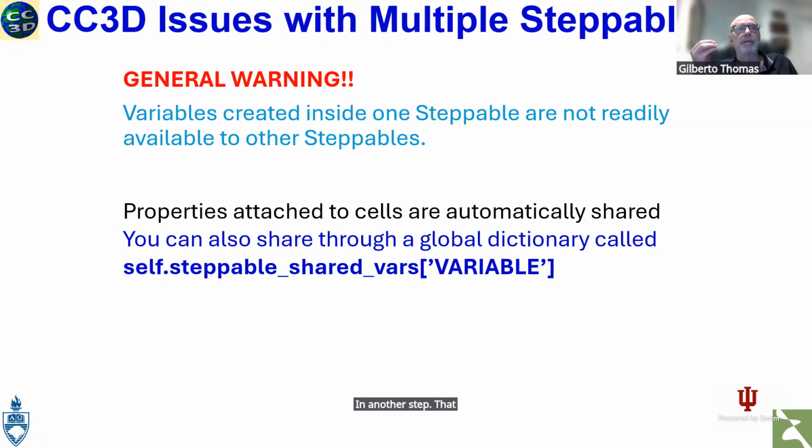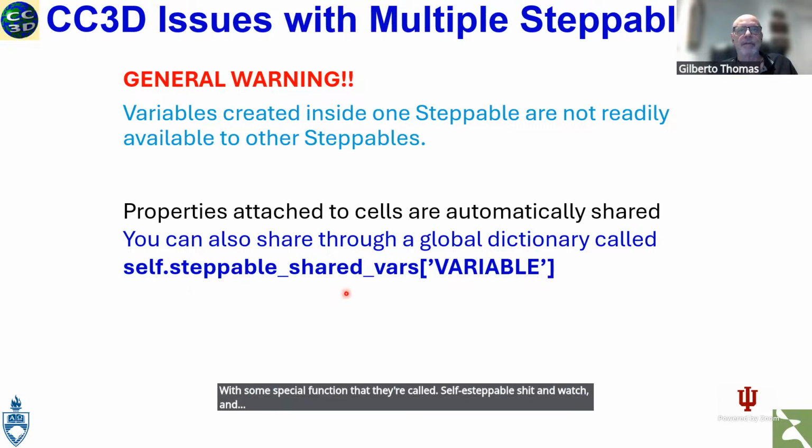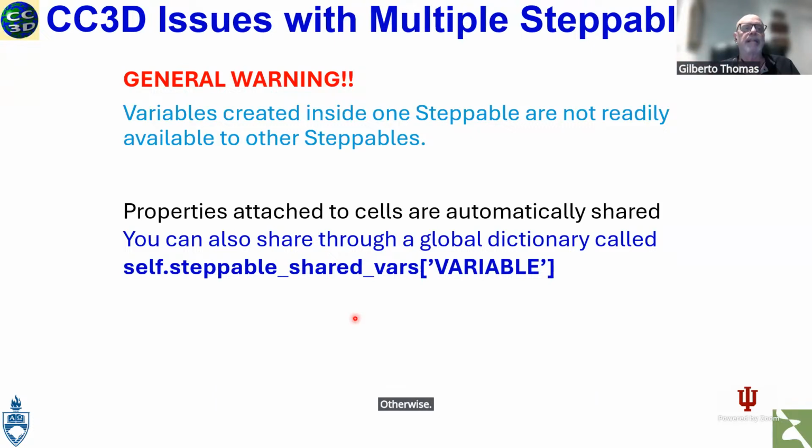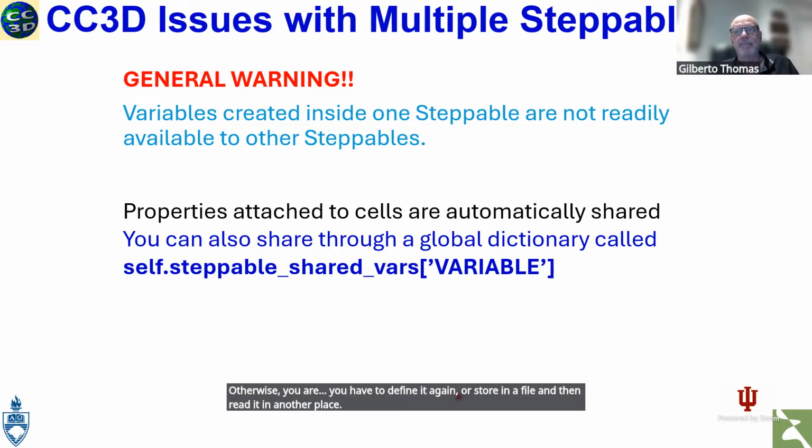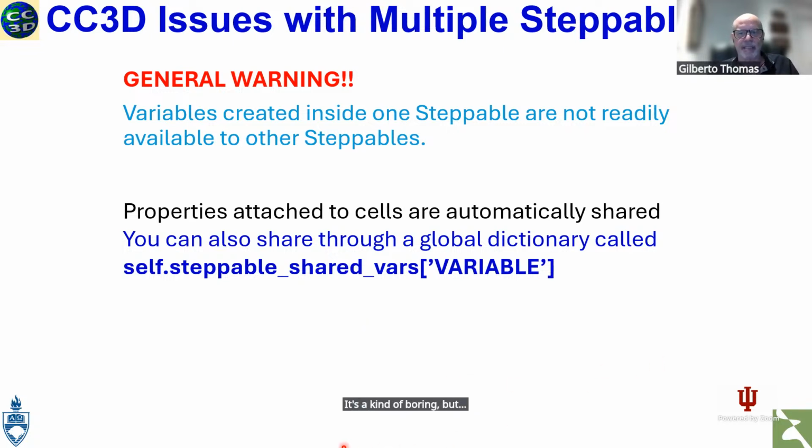That has to be made with a special function that you call self.shared_steppable_vars, a global dictionary called this way. Then you can create variables in one steppable and use them in another one. Otherwise, you have to define it again or store it in a file and then read it in another place. It's kind of boring, but that is how Python works.